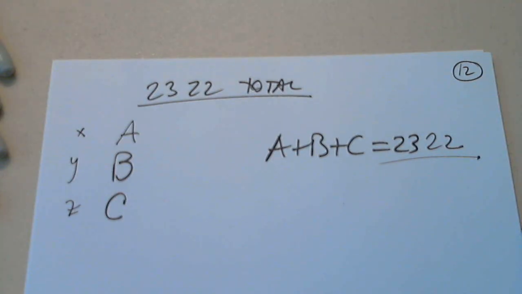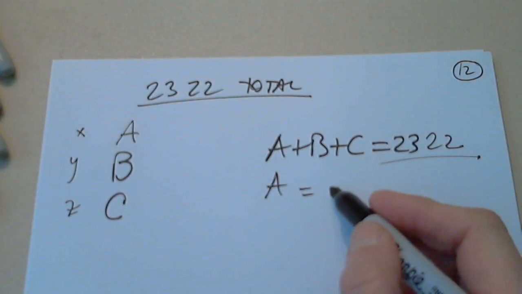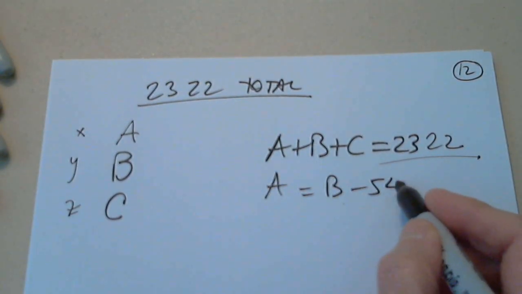Now, let's read again. Person A received 54 fewer votes than person B. A was 54 fewer than B. A equals B minus 54.